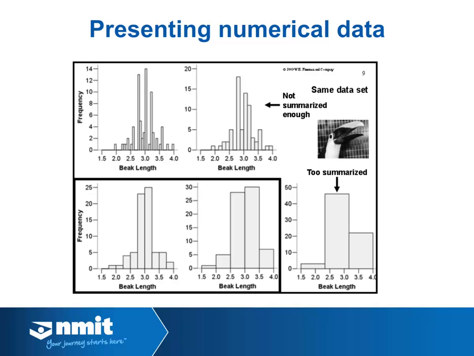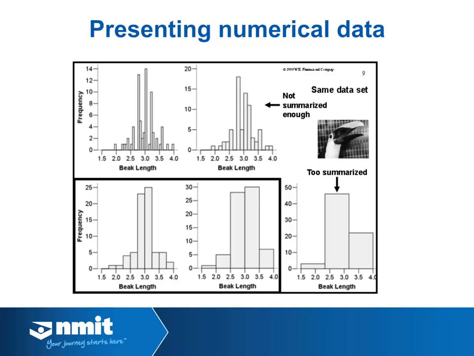But now we move into the bottom left and bottom right one, surrounded by this bold box. And you can see that the distribution is clear to see. In the bottom left, now the ranges are 0.25 centimetres in size, so counting the number of beaks between 2.5 and 2.75.